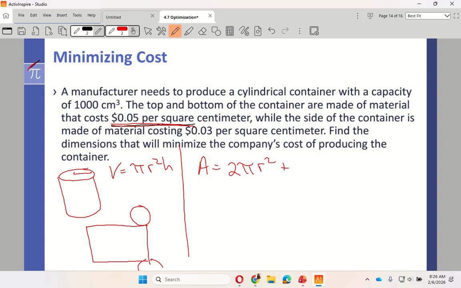I have my top and my bottom, and I also have this piece right here, which is the circumference of the circle. So that's my 2 pi r, and this is my height. Hopefully that will help you with this diagram.